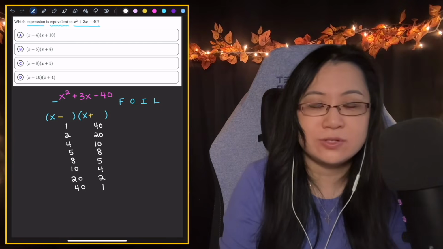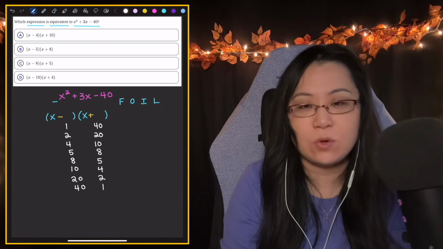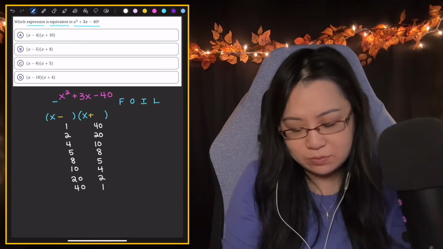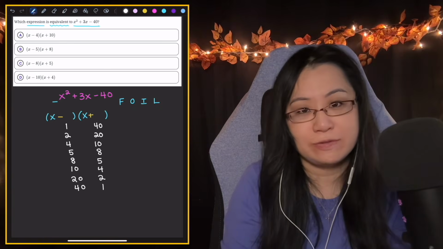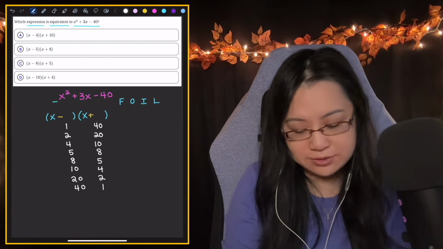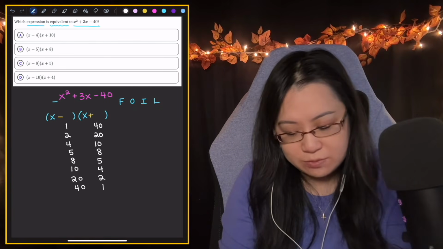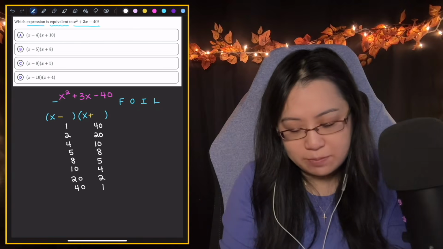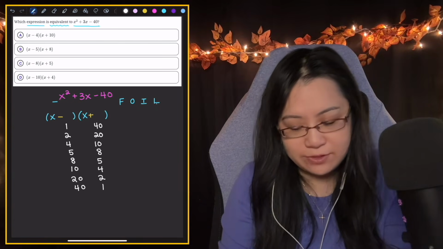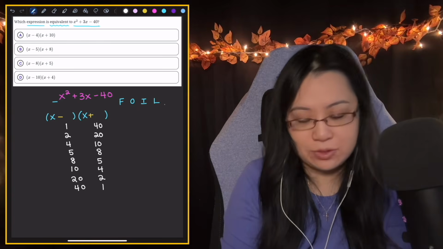And so those are the pairs of whole numbers that multiply to give me 40. So those are factored and they are pairs. So these are possible numbers, but that takes care of the last part, the L part of our FOIL.